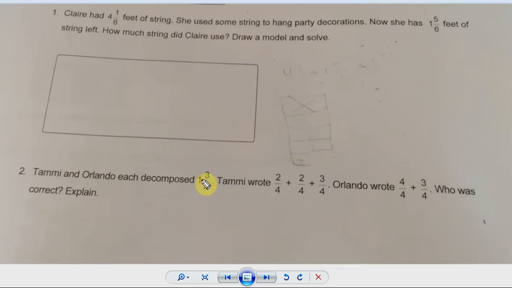So let's first think about 1 and 3/4. Let's say we had a whole and we divided it up into 4 equal parts. So that's a whole and it's now in 4 equal parts.